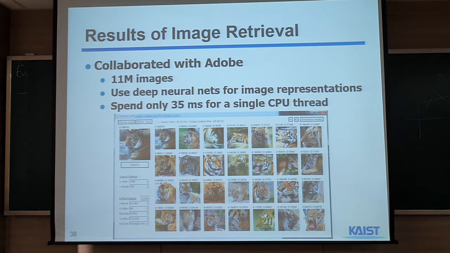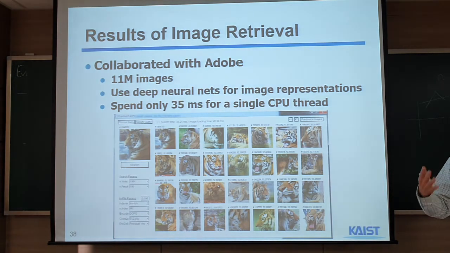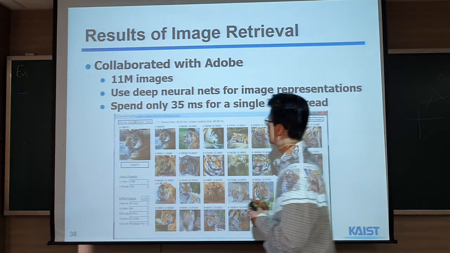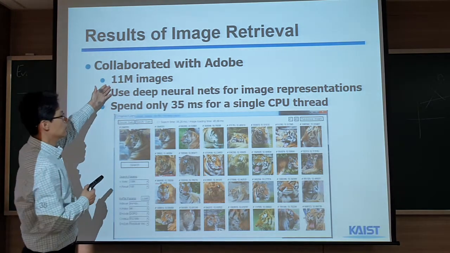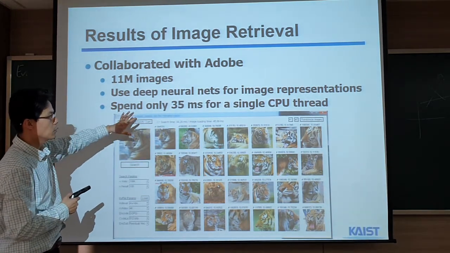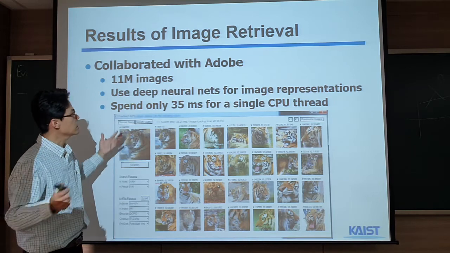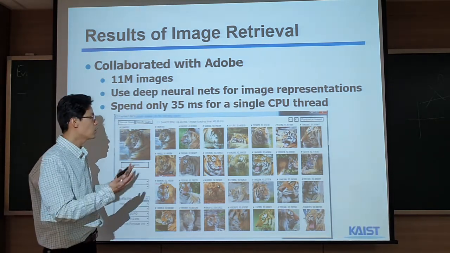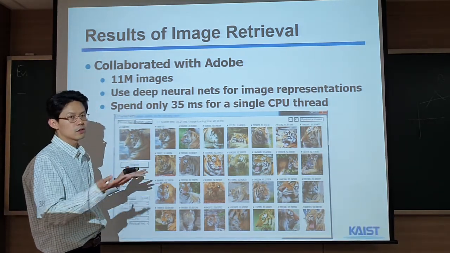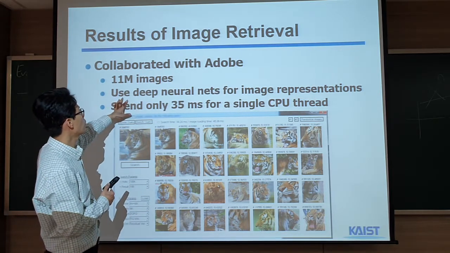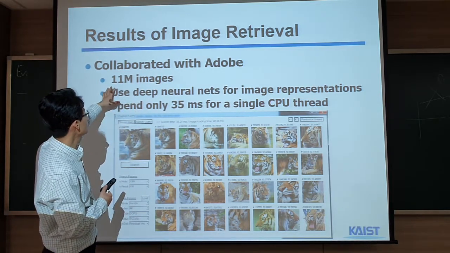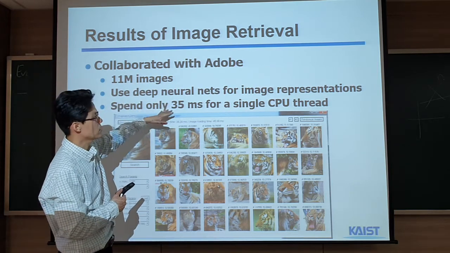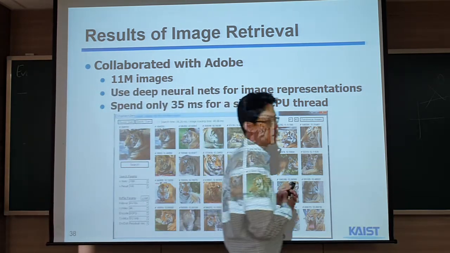Also, by using this hashing technique, you can treat hashing as binary code embedding. We encode the CNN feature with this binary code, so that we can store all those binary codes with the CPU and run this image search over 11 million images within 35 milliseconds with a single CPU thread.